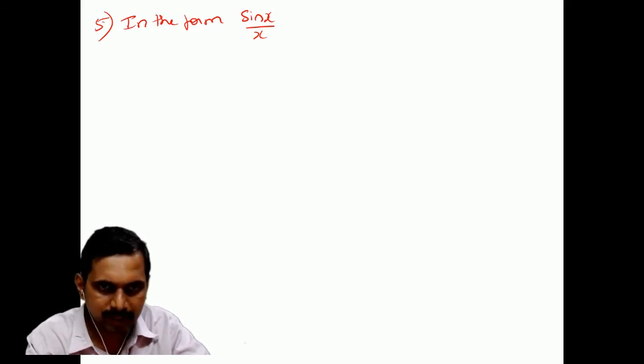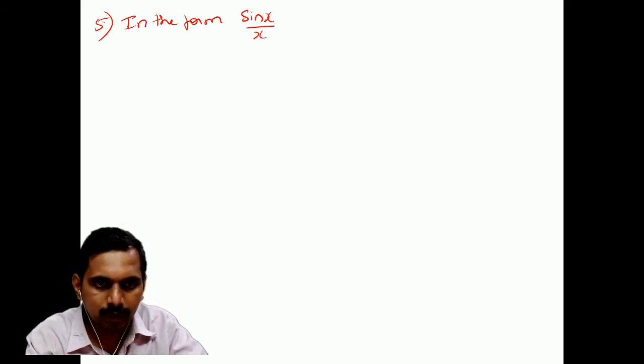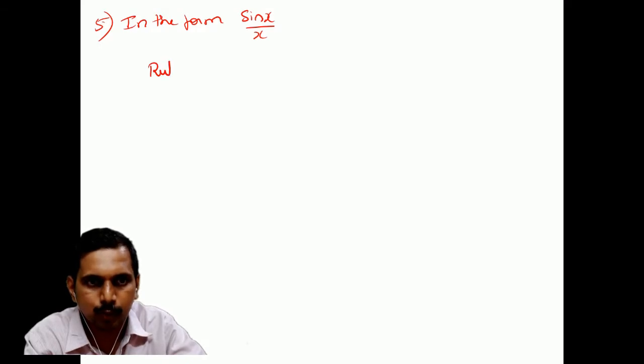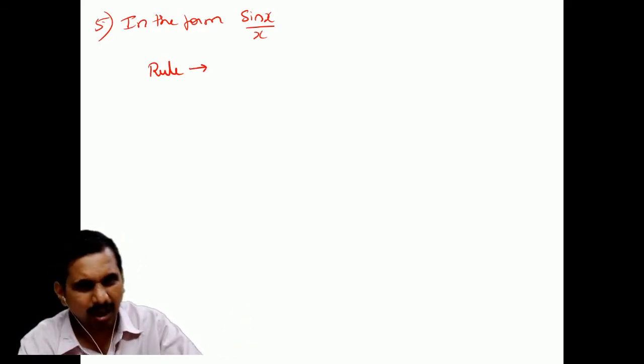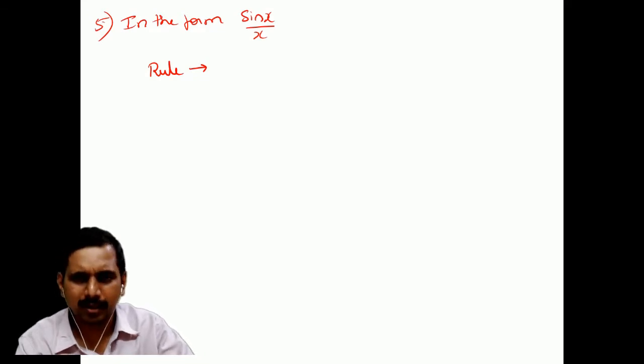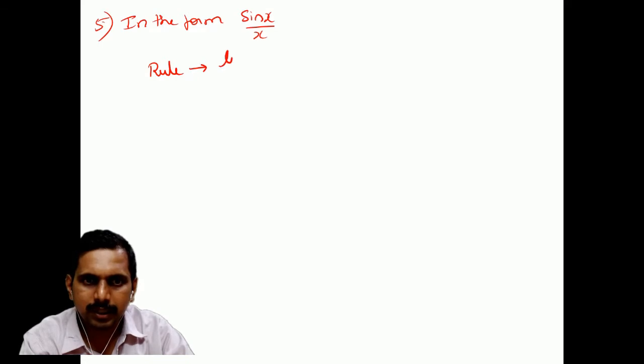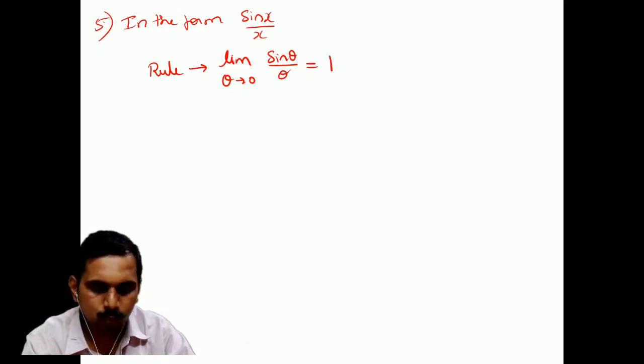For example, the rule, okay, I am doing this without proofs because proof is not required for this. It's not that simple, but not required. What is required for GATE, only that we will do. So limit theta tending to 0, sine theta by theta is equal to 1.